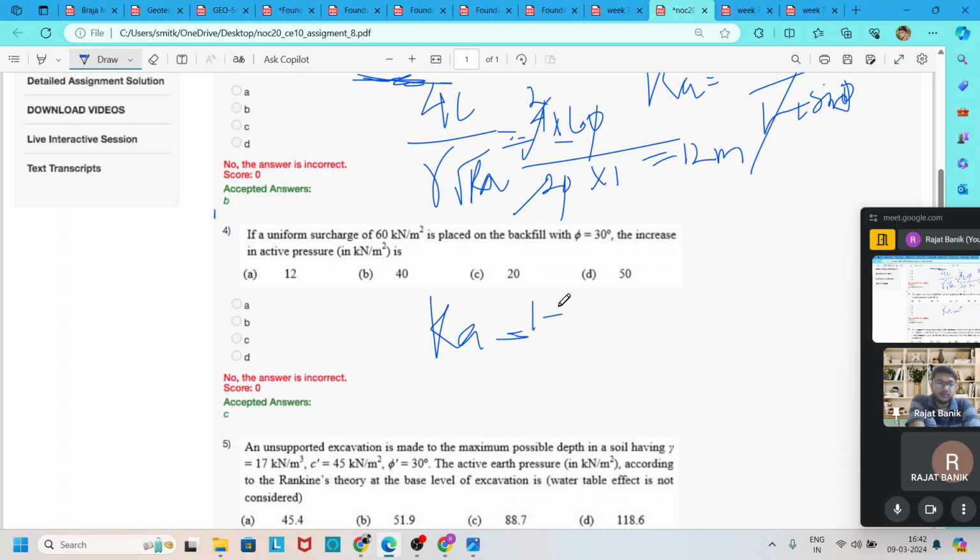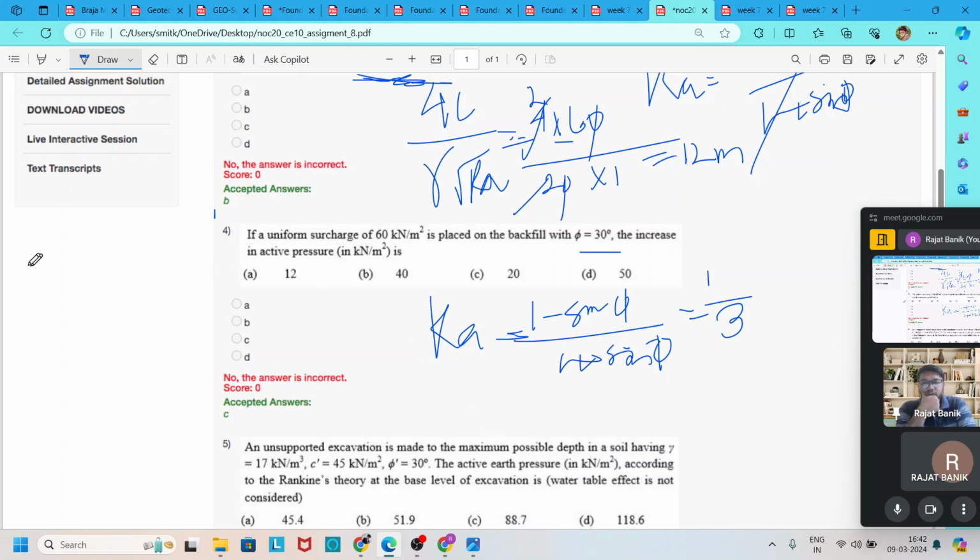First find out the active earth pressure coefficient. Here it is 1 minus sine phi divided by 1 plus sine phi. If we put phi equal to 30 degrees, K becomes 1 by 3.